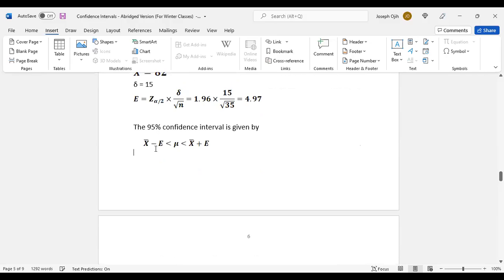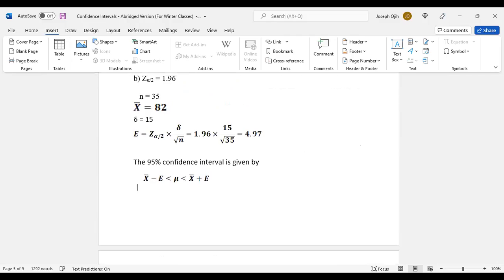So x bar is 82. 82 minus error. Our error is 4.97. Less than the mean, and less than x bar plus error. That is our mean right there.